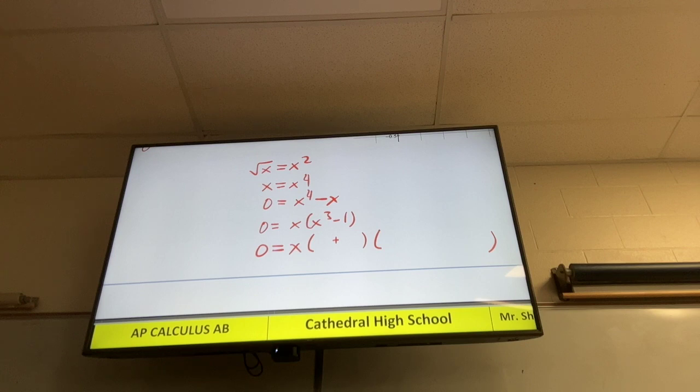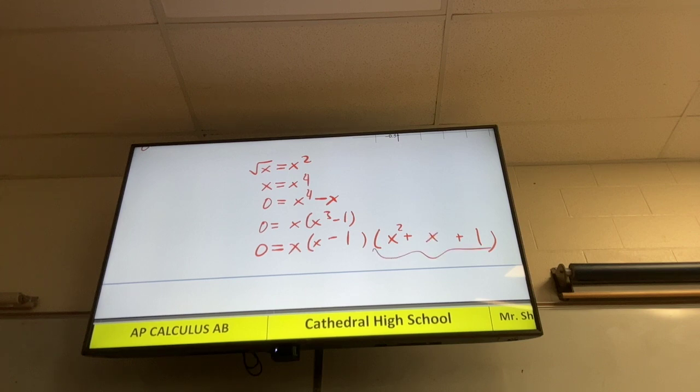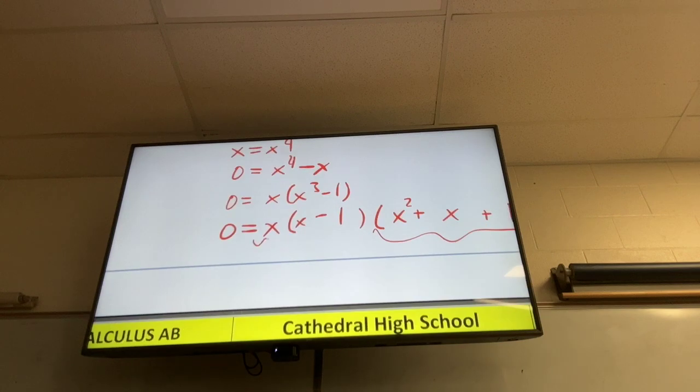Same, opposite, always positive: x minus 1, x squared plus x plus 1. This can't be factored, so don't worry about it. So my two intersections are x equals 0 and x equals 1.